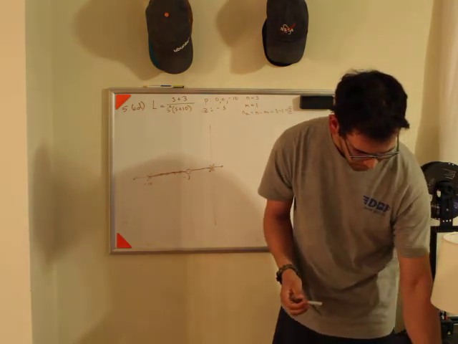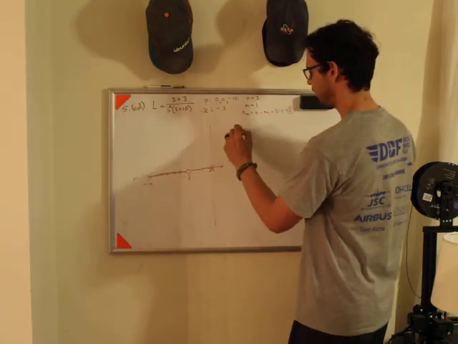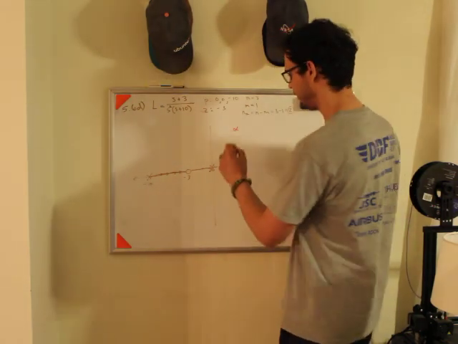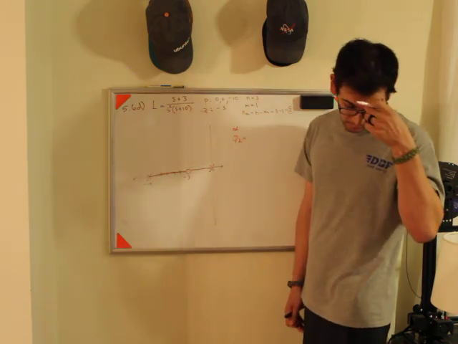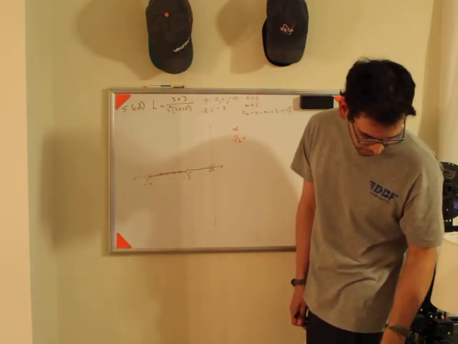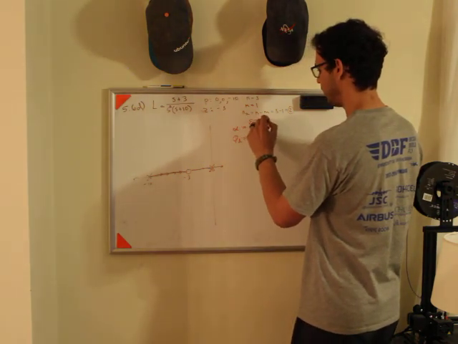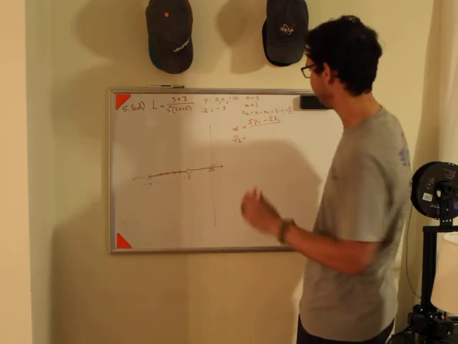So the asymptotes are described like this. Alpha is where the asymptotes intersect on the x-axis, and phi L are the angles of the asymptotes themselves. Alpha is the sum of the poles minus the sum of the zeros, all over n minus m.